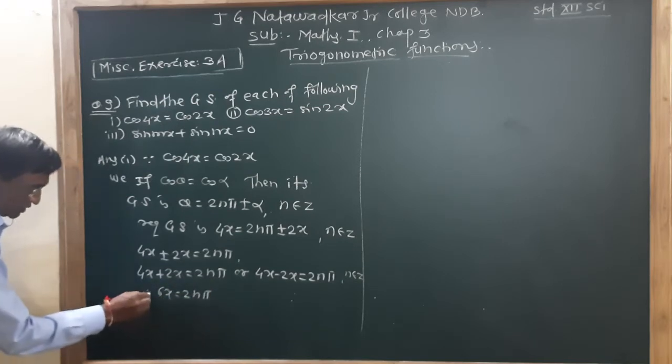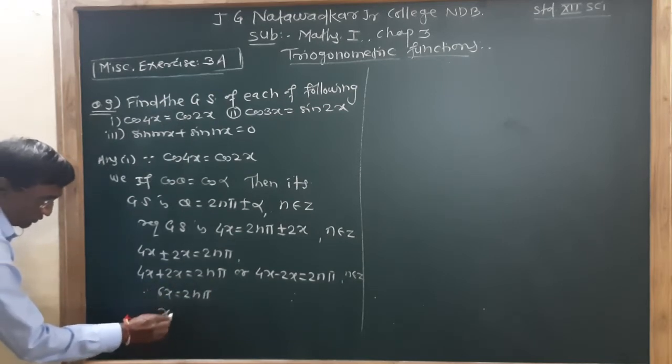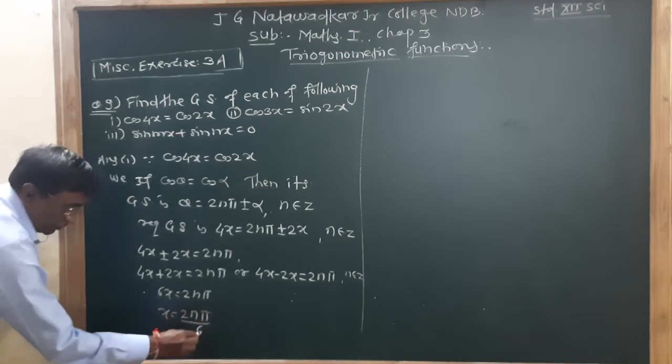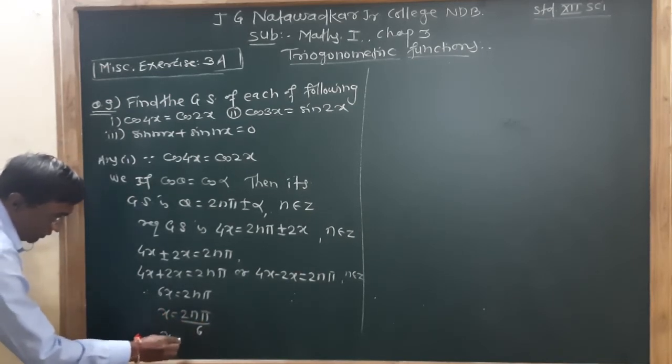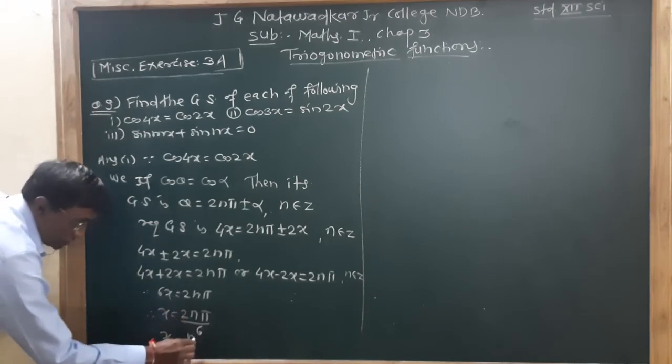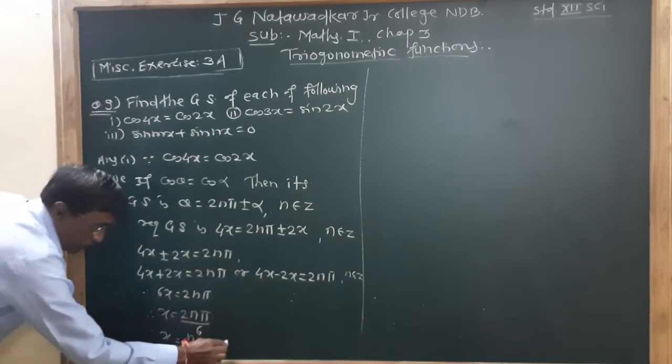Again simplify, x is equal to twice n pi upon 6. Simplifying again, x is equal to n pi upon 3, where n belongs to Z.